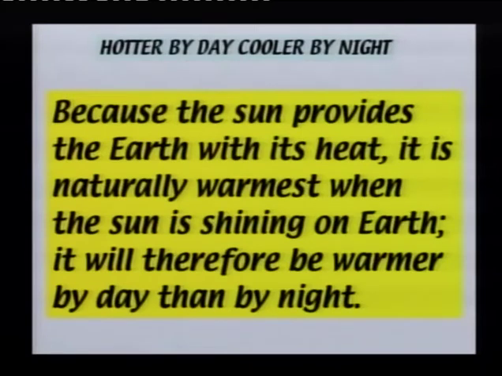Therefore, it will be warmer by day because that's the time when the sun is shining on the planet Earth. Therefore, it will be warmer by day compared to by night. Make sense? Yeah. Okay. Perhaps you make note of that quickly and we'll move on.